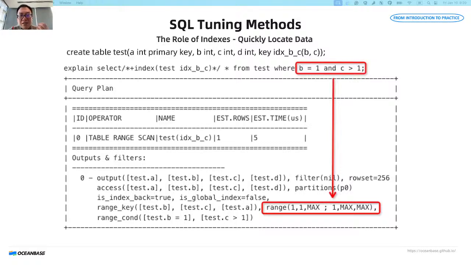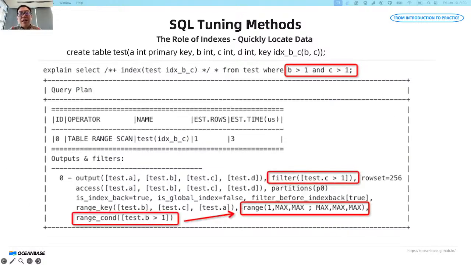The filtering conditions of the following SQL statement are B equal to 1 and C larger than 1. The corresponding query range is like this. The first predicate is the condition B equal to 1, and the index will continue to match backward until the first range condition C larger than 1 appears.